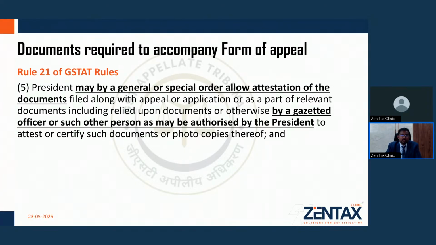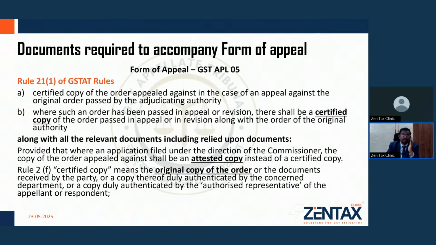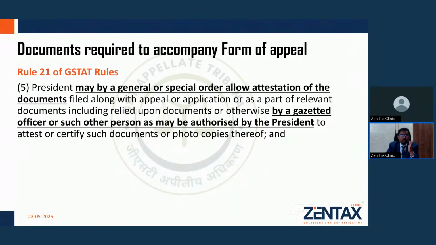We had one specific provision under rule 2 clause F, that it can be attested only by the authorized representative or by the department themselves. But under rule 21 sub rule 5, if the president allows, then it can be attested by any other person also, for example, any other gazetted officer.